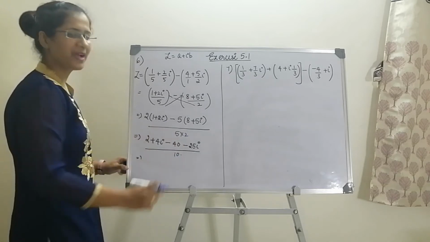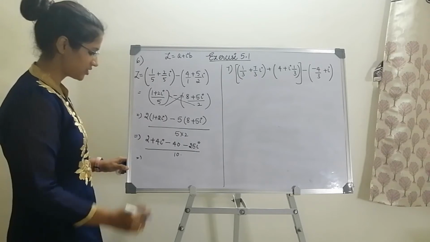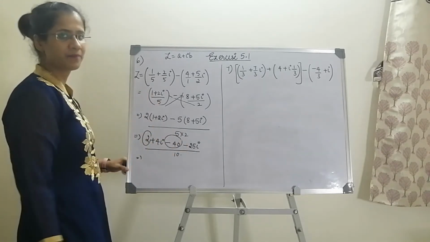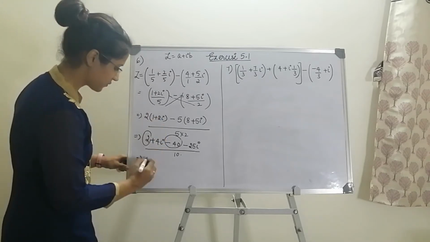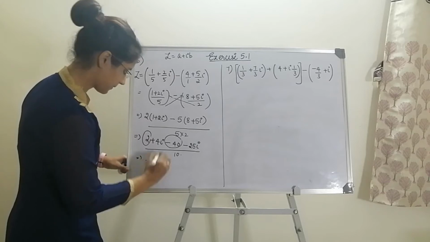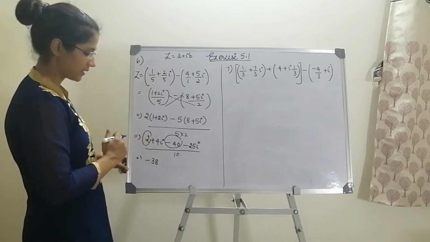Now what do I do? I will add my real terms with real terms, imaginary terms with imaginary terms. So I get 2 and minus 40 as my real terms. So 2 minus 40 will give me minus 38.